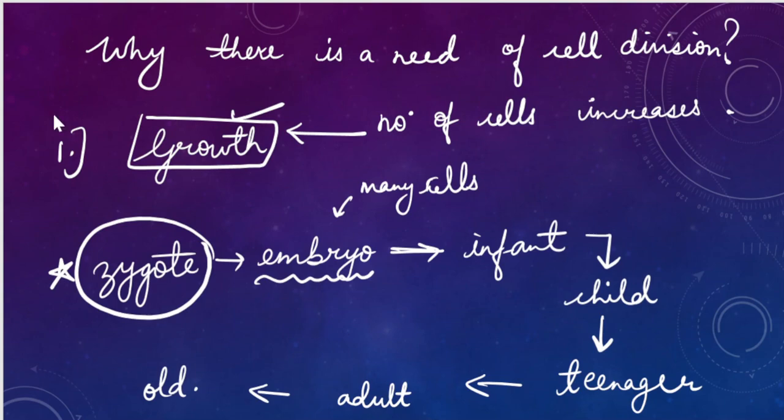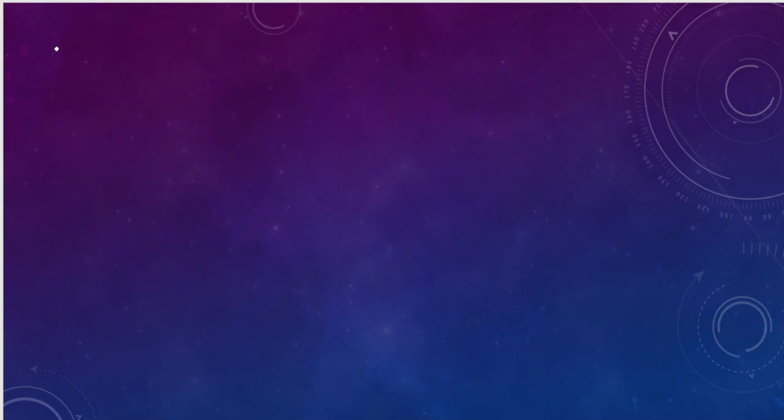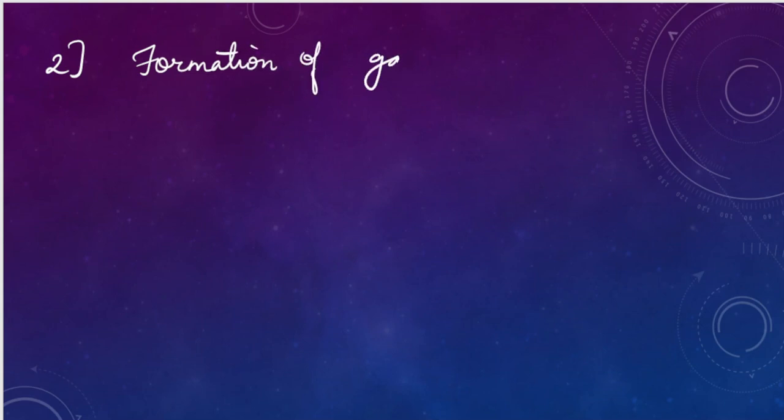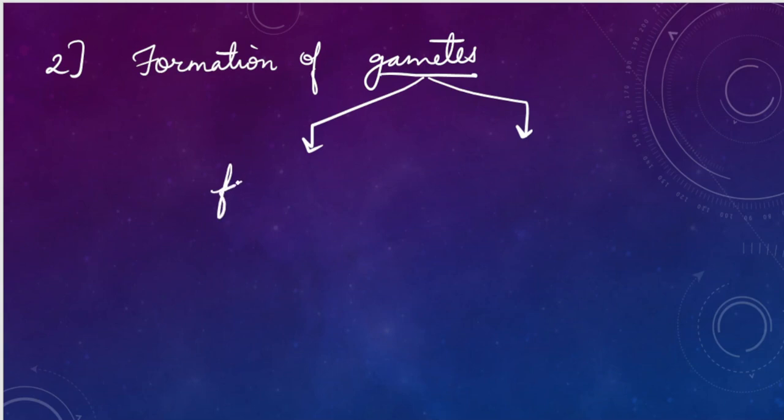And the second reason is that there is a need for formation of gametes. Now what are gametes? There are two gametes which participate in the formation of a zygote during sexual reproduction, and they are known as gametes.